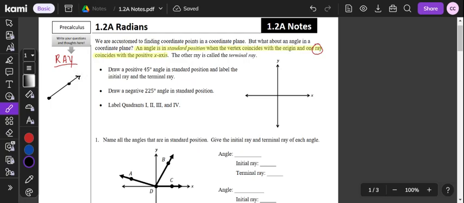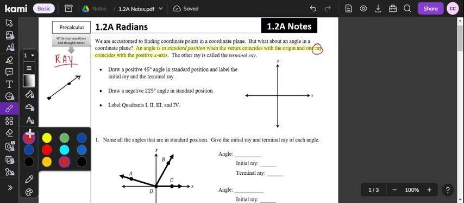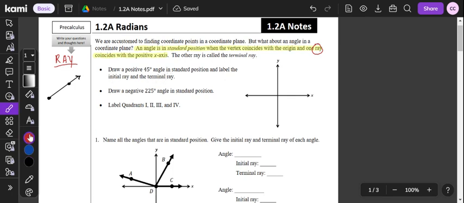All right, so right here it says draw a positive 45-degree angle in standard position and label the initial ray and the terminal ray. The initial ray always needs to coincide with the positive x-axis. This is my initial ray.